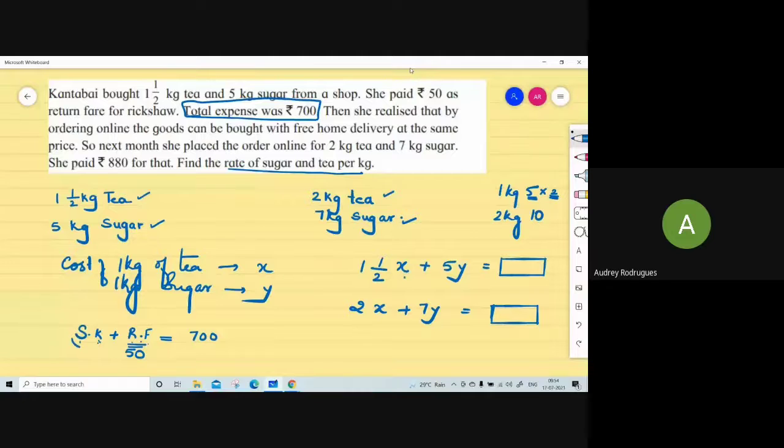So how much must she have paid for the shopkeeper? 650. 700 minus 50 will give us 650. That is the amount that she paid for this sugar and tea, which is 650. And next time she paid for 2 kg tea, 7 kg sugar, 880.